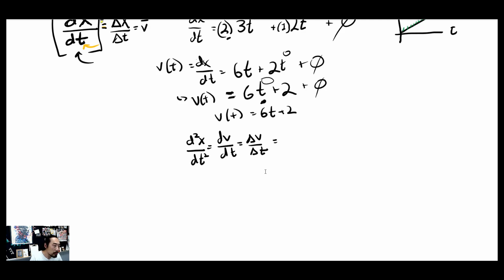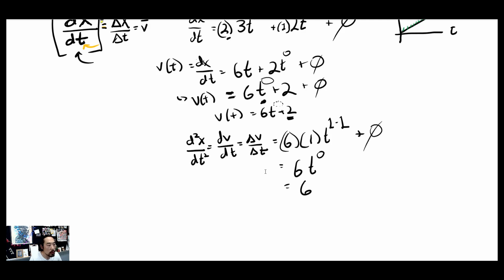And if we were to do the power rule here, remember up here we have the number 1. Okay, so it'll be 6 times the 1 times t^(1 minus 1), plus, and remember here, because there's no t there, there's no variable, that means it's a constant, and the slope of a constant is nothing, because nothing is changing, it's constant, we have a 0. So if I were to clean this up, we get 6 times 1, which is 6, t^(1 minus 1), which is 0, which is just 6.